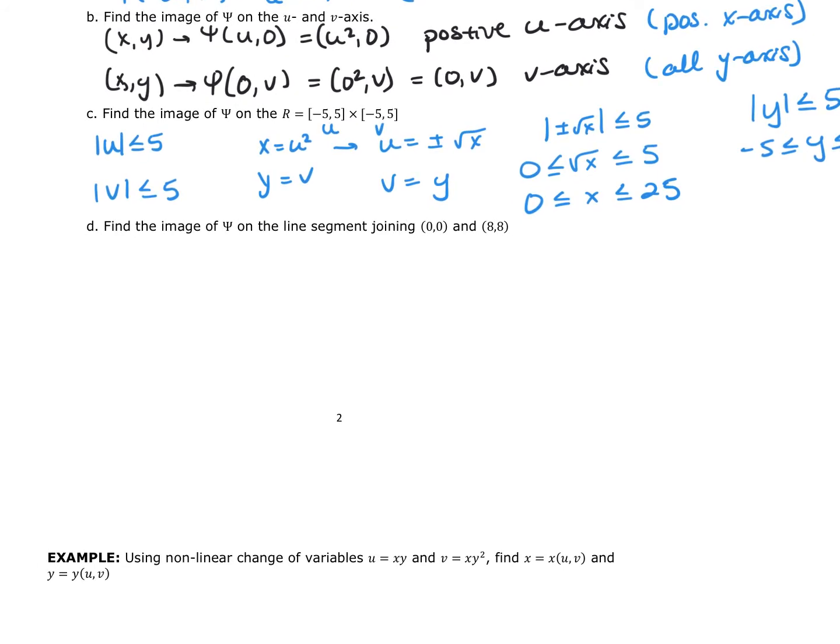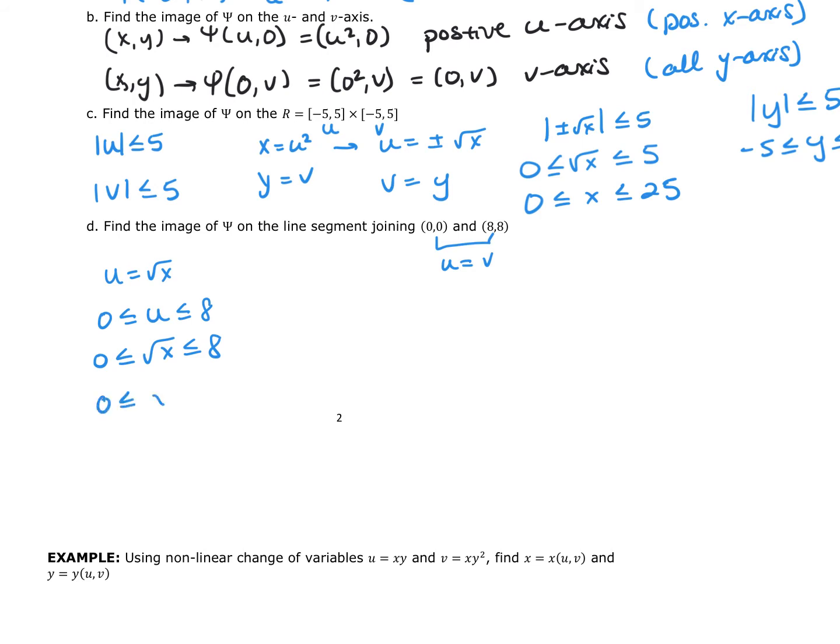We want to find the image of phi on the line segment joining (0, 0) to (8, 8). Now we can see in this region from here to here that u is equal to v, that I have 0 equals 0 and 8 is equal to 8. But we also have the fact that u is equal to the square root of x. If u runs between 0 and 8, that means the square root of x is going to run between 0 and 8.